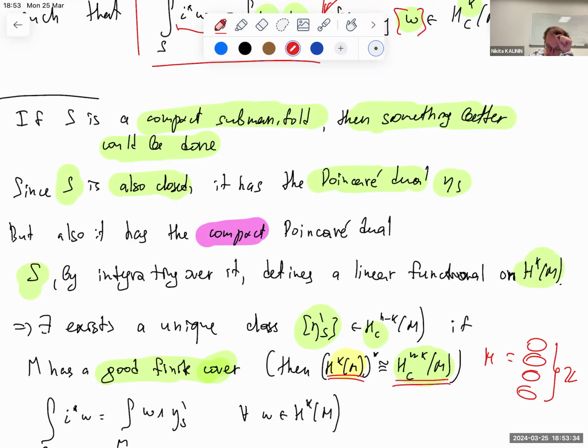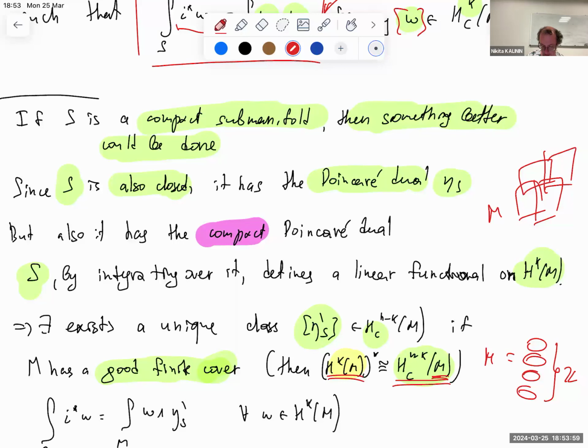But compact cohomology is small. So if you want to have this duality in both directions, you need to say that, for example, M is compact, or that M has a good finite cover. For example, if your M is just some union of R^n like that, then it also has such a duality, even though M is not compact.